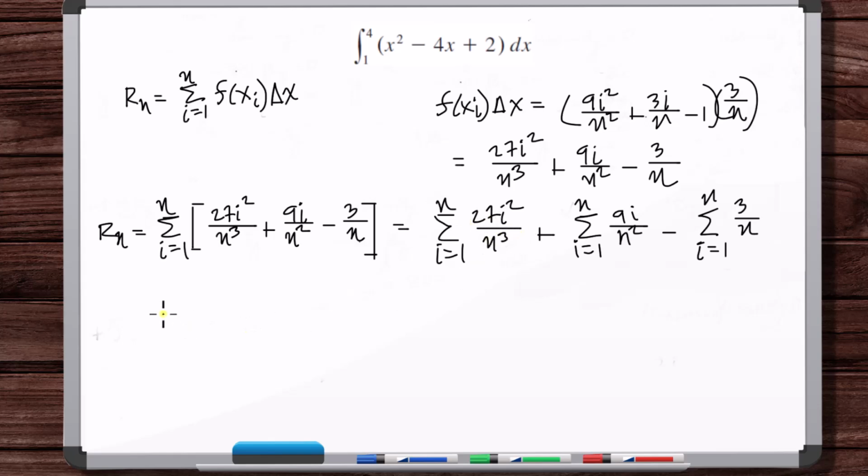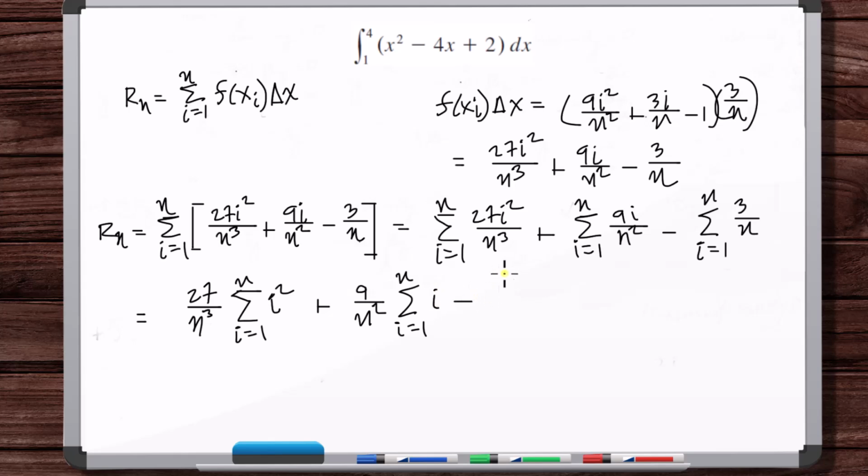So we could take out 27 over n cubed out front of the summation, here we could take out 9 over n squared, and then here we could take out the 3 over n.